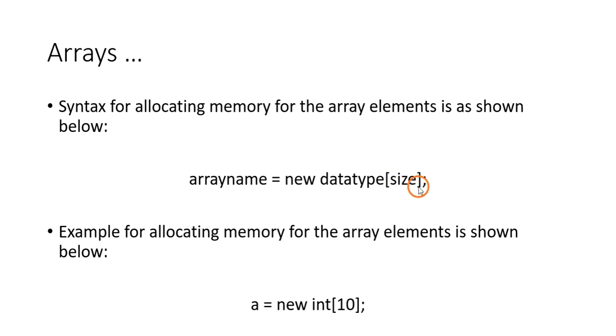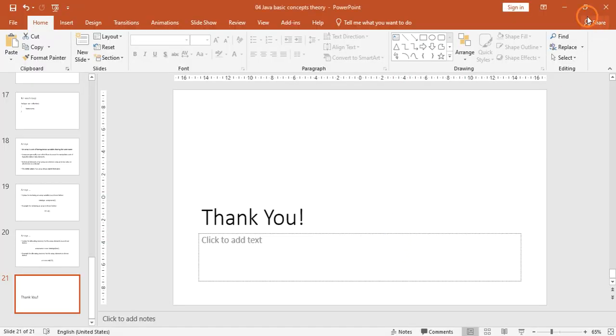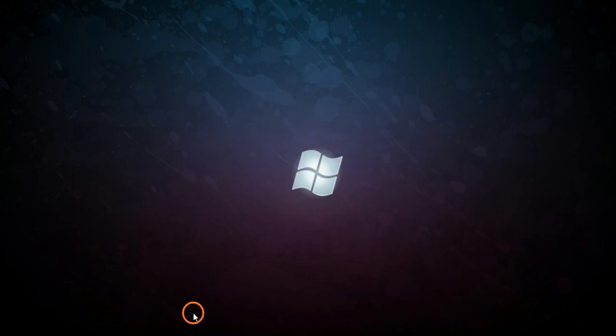Inside the square brackets you write the size of the array. In this example, the array name is a, the keyword new is followed by the data type int, and the size of the array is 10. Looking at this, what can you say? This array a can hold up to 10 integer values. Now let's see a demo on arrays.